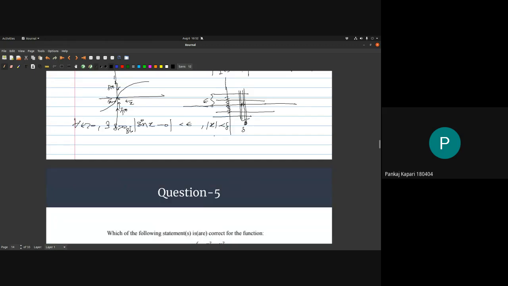How is it done? One has to use the Taylor series expansion of sin x. You write sin x as x minus x cubed by 3 factorial plus x to the power 5 by 5 factorial minus and so on, and then you approximate this particular series. So it can be done.